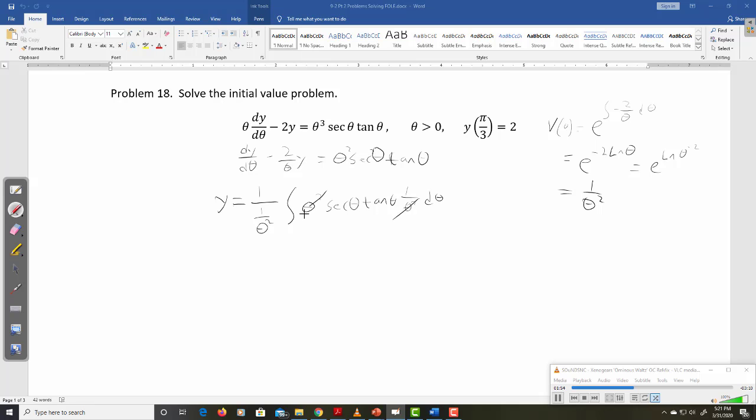So theta squareds go away. Oh, and that makes it a really easy integral. Integral of secant tangent is just secant. So this becomes theta squared secant theta plus c.